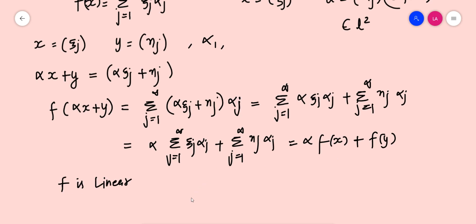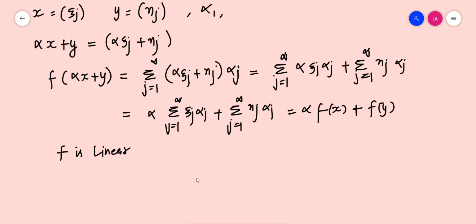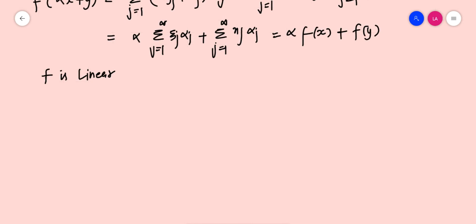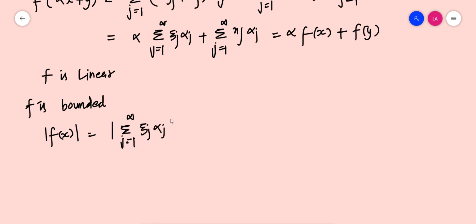Now we can prove that f is bounded. For that, we have to find the value of modulus of f of x. So modulus of f of x is equal to modulus of summation j is equal to 1 to infinity theta j times alpha j.